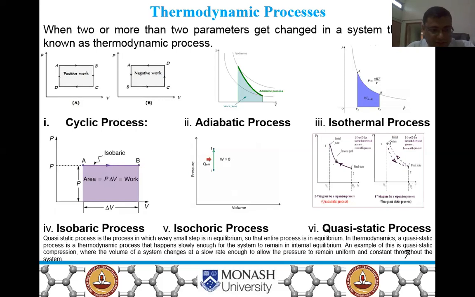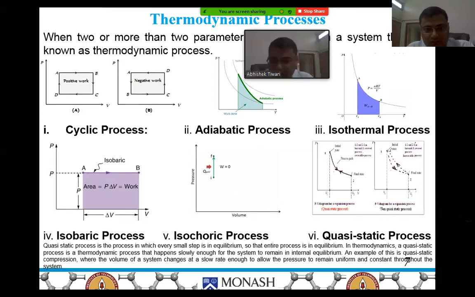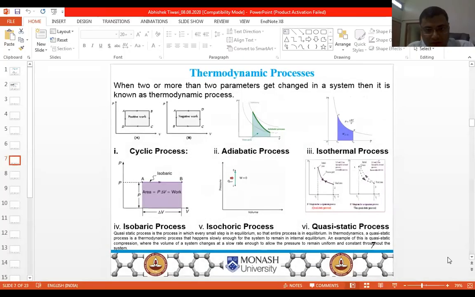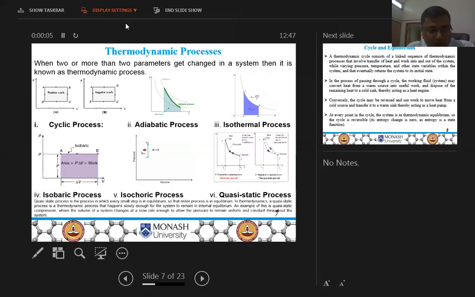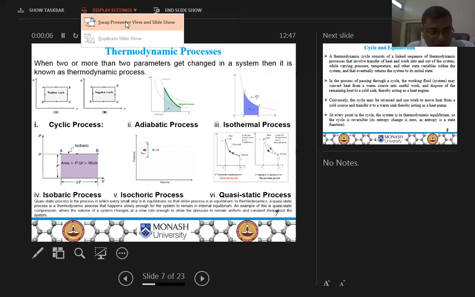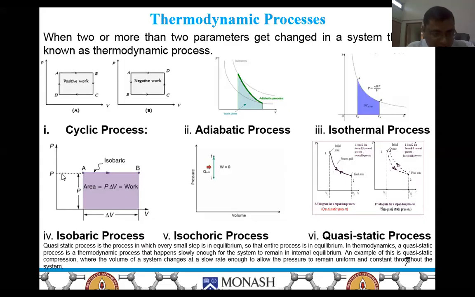Now we have the isobaric process. Let's say PV equal to nRT.